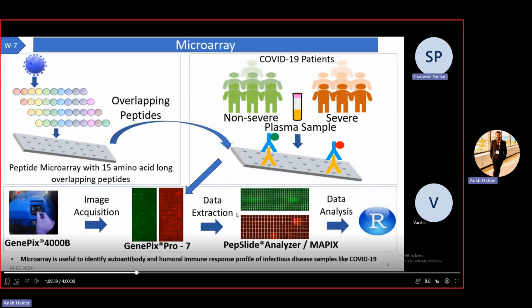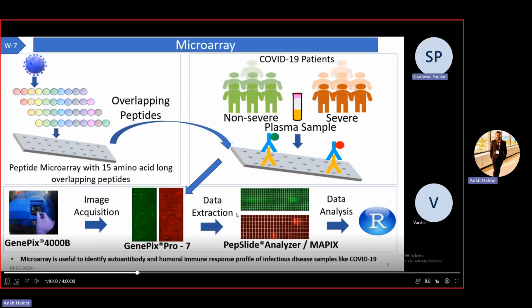This is already uploaded and available, and we have already talked about it. This is the whole proteome which is printed onto the chip, with 15 amino acid peptides, 50 more amino acids.